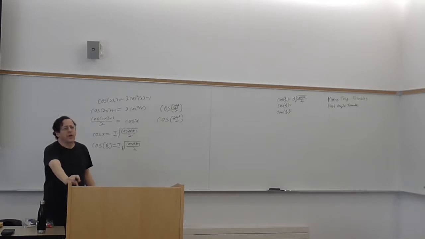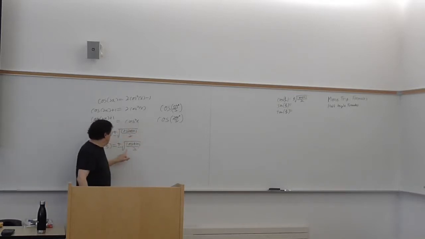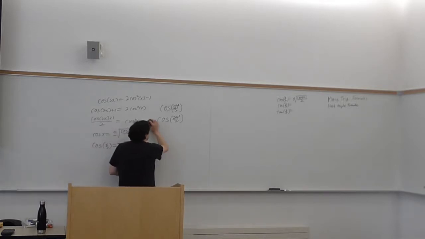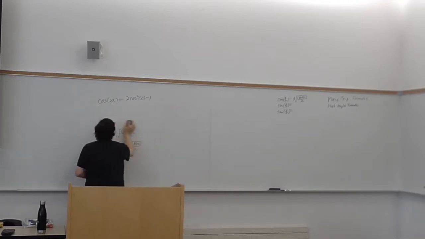What's the sign of the cosine in the second quadrant? Negative. So we can see that we're going to have to use the negative here. All right, that's the half angle formula for cosine.